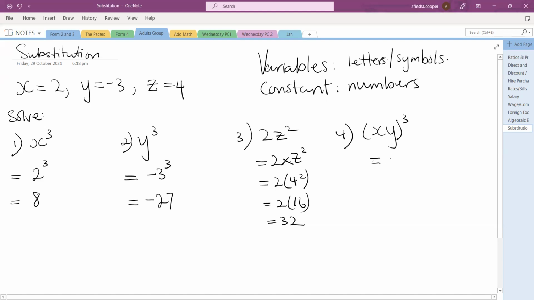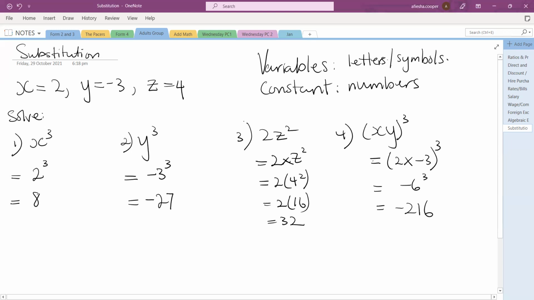That means that everything within the bracket is cubed. They are saying x multiplied by y, all cubed. So we open brackets and put x, which is 2, multiplied by y, which is -3, close the bracket and put the cube. So it's going to be -6 cubed, and we work out -6 cubed, which is -216.